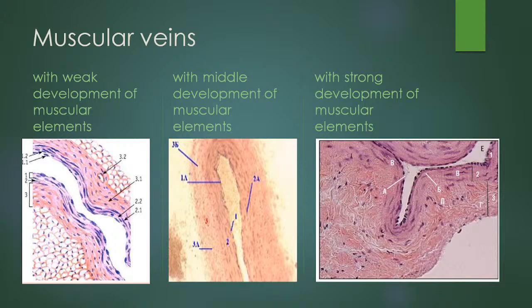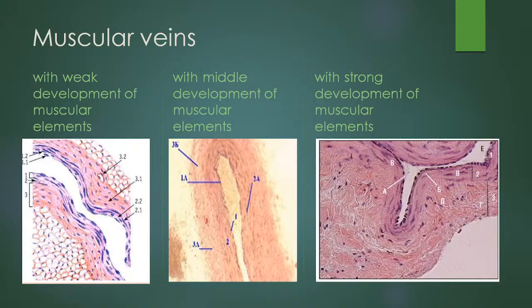Valves consist of two semilunar folds of the Tunica Intima that project into the lumen. You can see the folds that project into the lumen. They are composed of elastic connective tissue and are lined on both sides by endothelium.